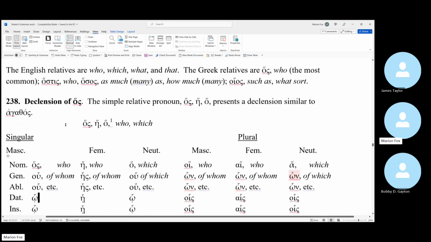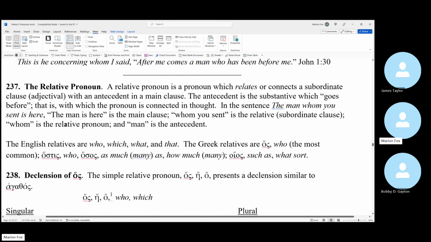It gives you a relative clause. Let's go back and see another relative clause here. This sentence that's in italics: the man whom you sent is here. The man is here is your main clause. Whom you sent is a relative clause, right? The man is here would make a complete sentence, but you added the relative clause to give some more information about it.